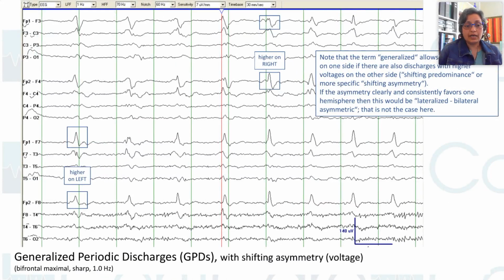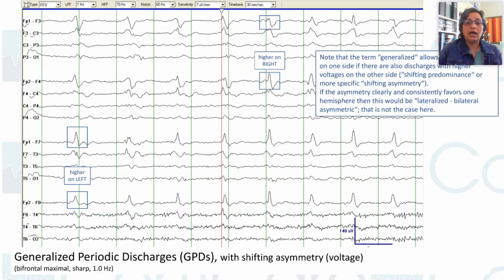So here is an example of generalized periodic discharges with shifting asymmetry. That asymmetry here is voltage. The predominant thing happening here is a change in voltage, but the GPDs are consistent, they are continuous, and they are a little less than, closer to, 1 hertz. So we have GPDs of shifting voltage, or shifting asymmetry.